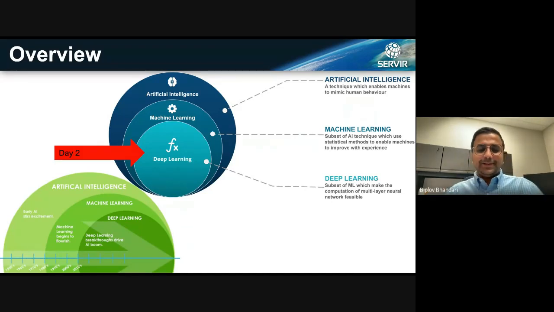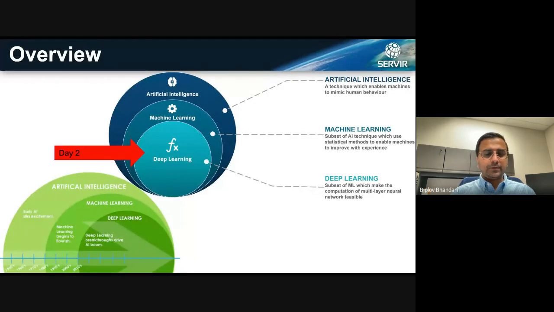So today, we saw this diagram yesterday, and today we'll be looking at the deep learning aspect of it. We saw that deep learning is a subfield inside machine learning, and we'll go into detail on what that is.